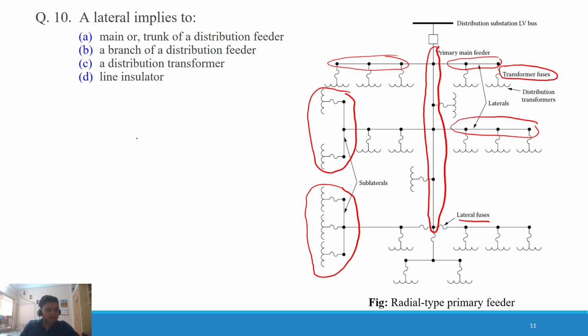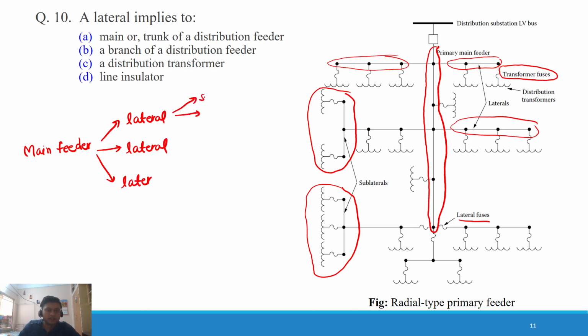So if we want to write that, we can say that if we have a main primary feeder, and suppose this feeder is connected to three laterals. So further it is connected through lateral feeders, and then each lateral may have several sublaterals.